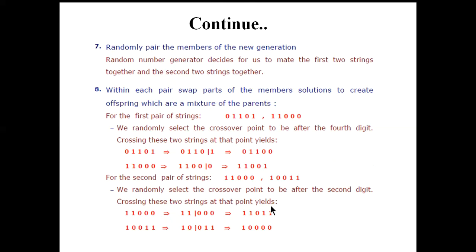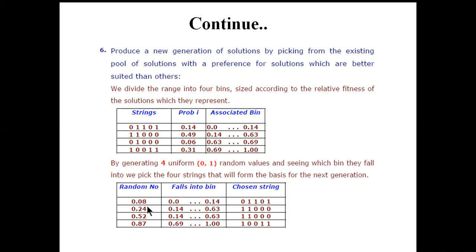Now coming to the next step, randomly pair the members of the new generation. The random number generator decides for us to make the first two strings together and the second two strings together. These are the random numbers from the generator: 0.08, 0.24, 0.52, 0.87. As we already discussed, if you select 0.08, that means 01101 first, 0.24 second, 0.52 again second, and 0.87 fourth.